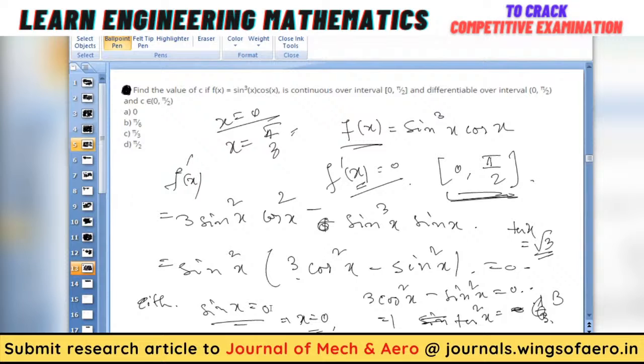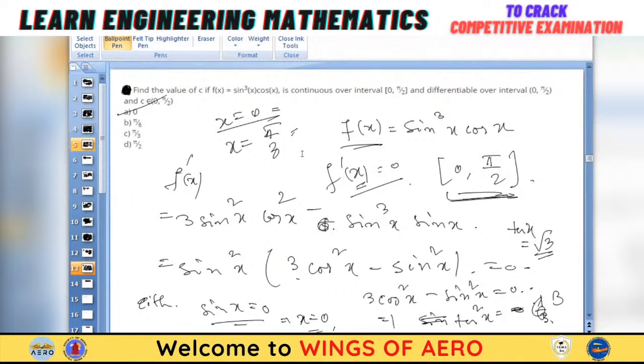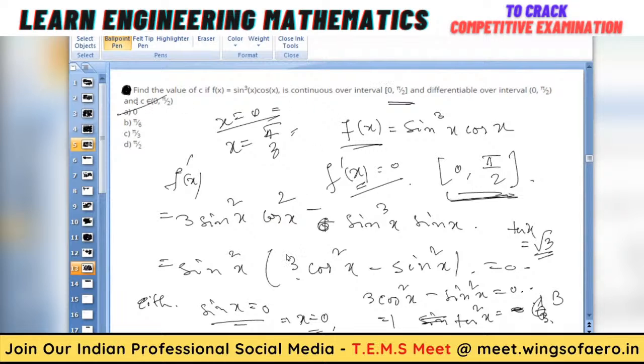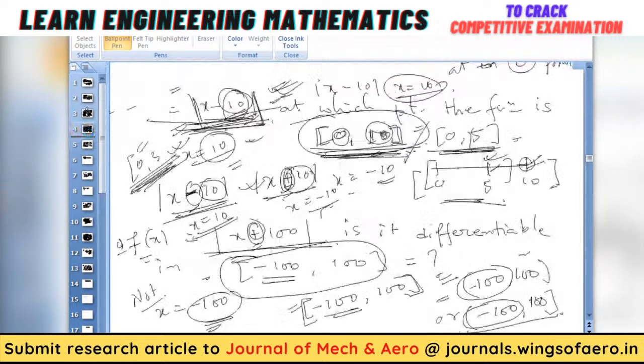So now you have to check which point lies within this interval. Yes, 0 point is obviously there because it is the closed interval 0 to pi by 2. But we can't choose 0 because look at this theorem.